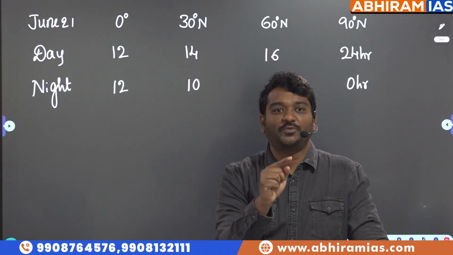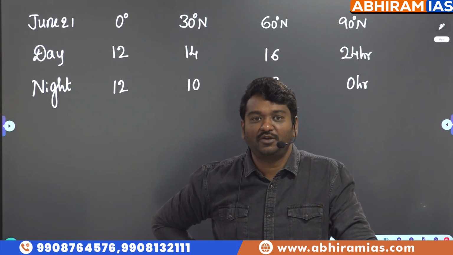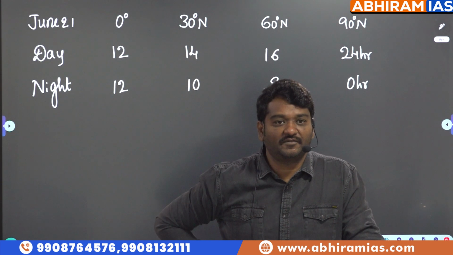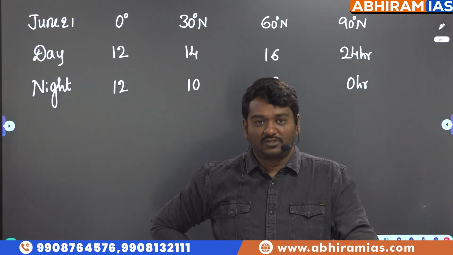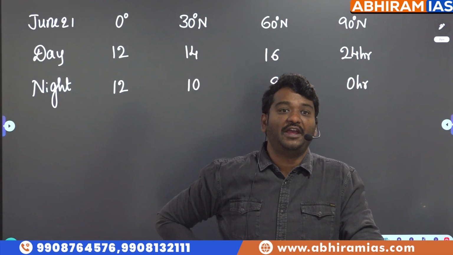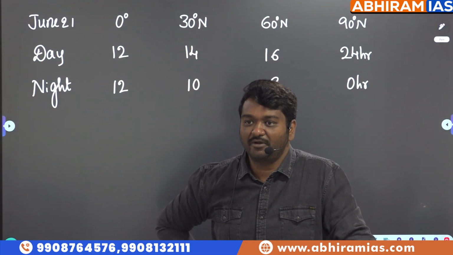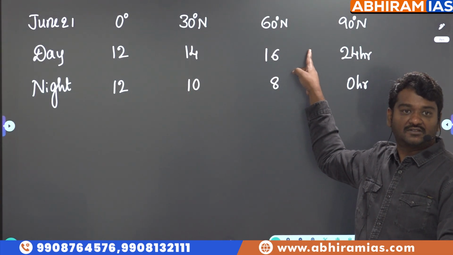Okay. Thiruvananthapuram is closer to equator. Equator will have 12 hours of day and 12 hours of night. What about Srinagar? Whenever you go away from equator, day length increases. Are you getting the point? As you move away from equator, day length increases.